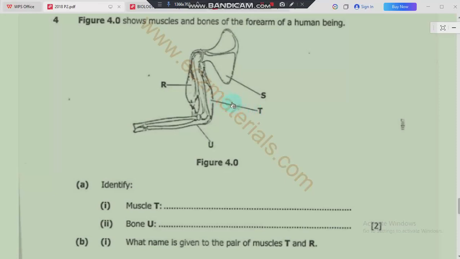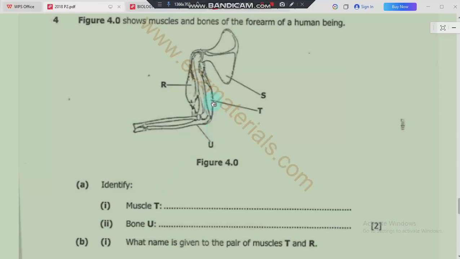Okay, so this one is the tricep, and the one which is here is known as the bicep or the flexor muscle. And then finally, we have this bone here, which is known as the scapula, and this one is our ulna.